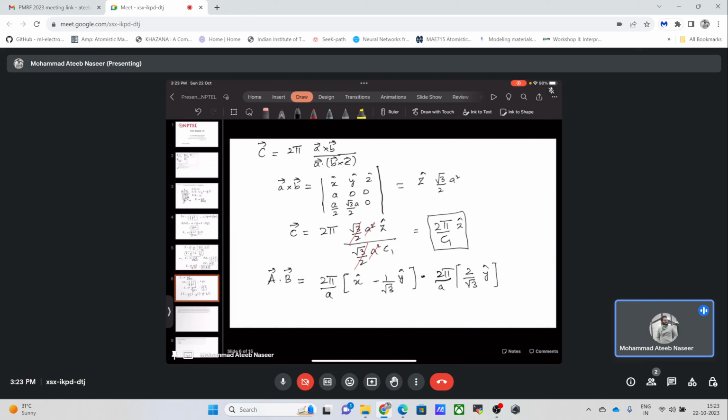So this would simply be 2 pi by a whole squared times minus 2 by 3. This is the a dot b value that we have obtained.